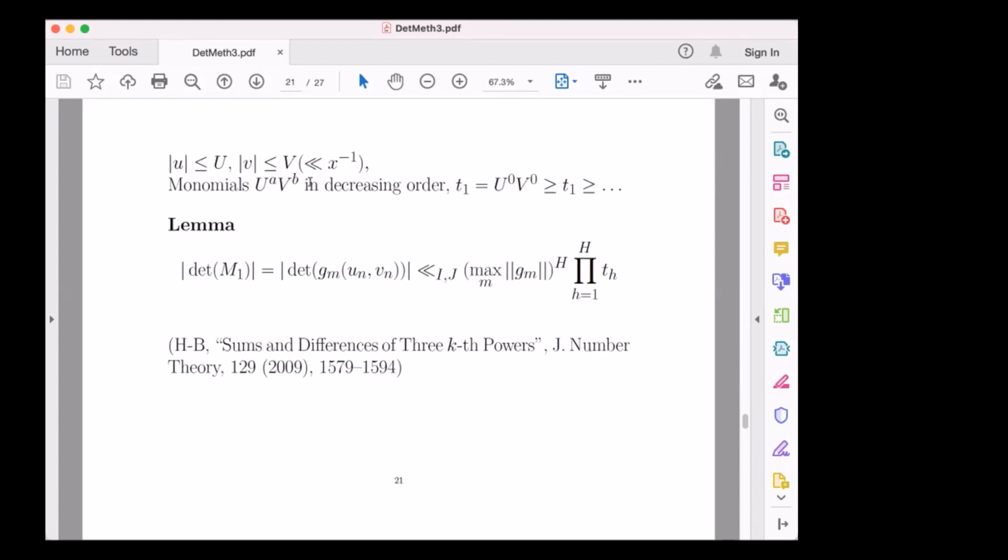If we arrange those terms in decreasing order as t0 greater than t1, etc., then we have an estimate involving the product of the first, I should say k again, th's. And there's a proof in a previous paper of mine. But the point is that we get a nice small estimate for the size of det M1 because u and v are small.